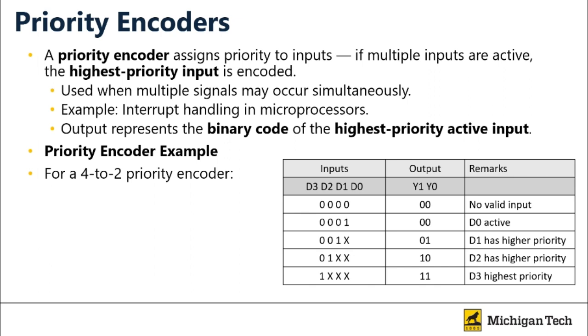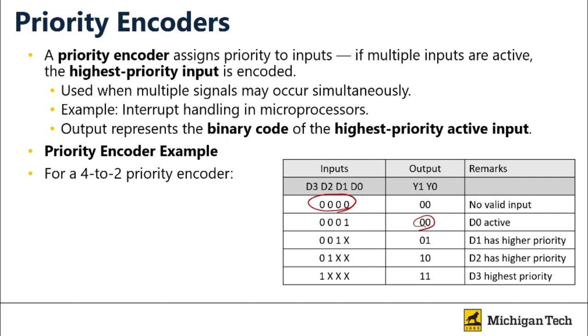You have 4 inputs, D0 to D3, and 2 outputs. First, all of the inputs being 0 is not allowed, because I said one of them needs to be active. If all are 0, this is not valid. If the first one is 1 and the rest 0, in this case it's going to make 0.